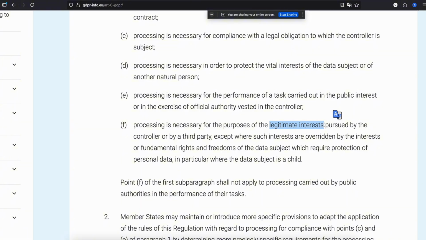Or, on the other hand, the data subject has the opportunity to exercise their right to stop or restrict the processing activity. I think this collection of data is overriding my privacy. Okay, I'll tell them, no, I'm not going to tell you. Sometimes it happens.